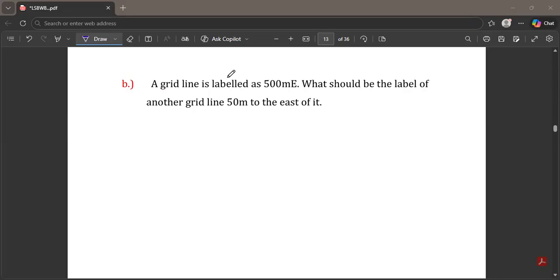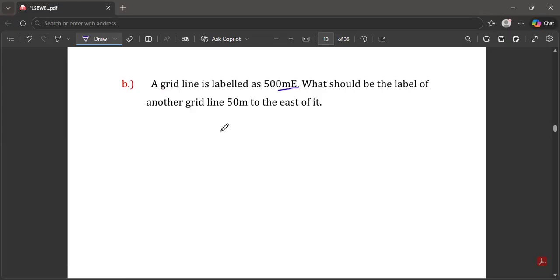The ME you are seeing over here means meter east. So 500 ME is the east coordinate of that grid. What we are just going to do is add the offset, and that is all.